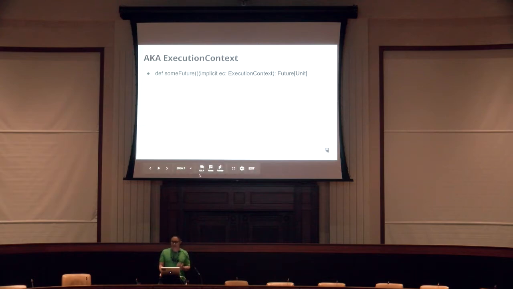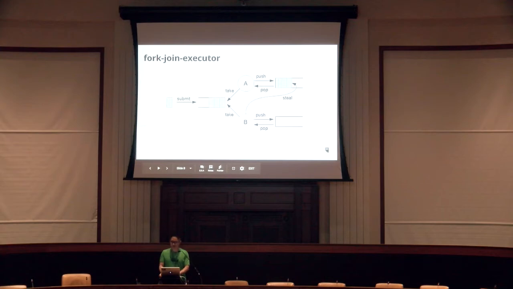In Play, you'll probably use two different kinds of thread pools, fork join and thread pool executor. Fork join is the type used by Play's default execution context. It's backed by a fork join pool from Javaland. In previous versions of Scala, it's using a forked version of a fork join pool. Underlying the pool is a work stealing algorithm.